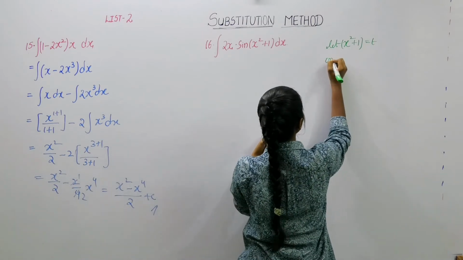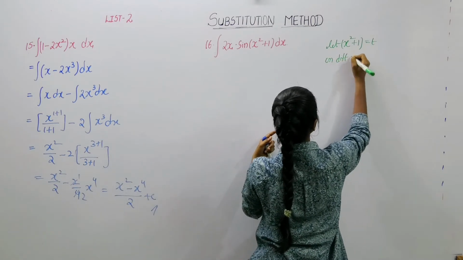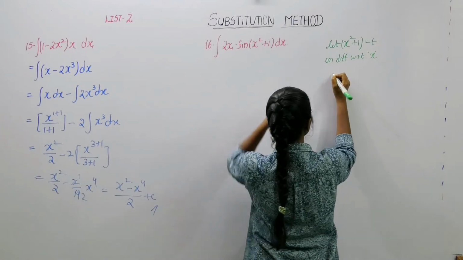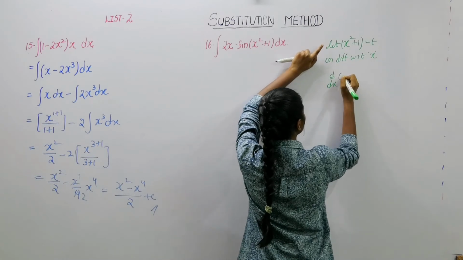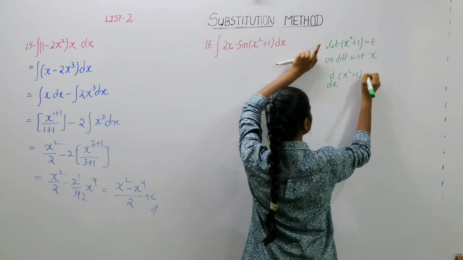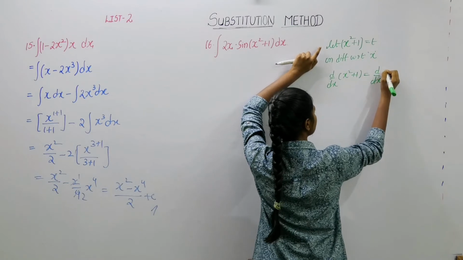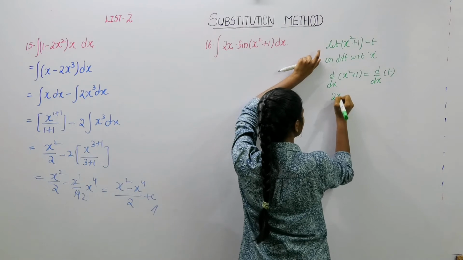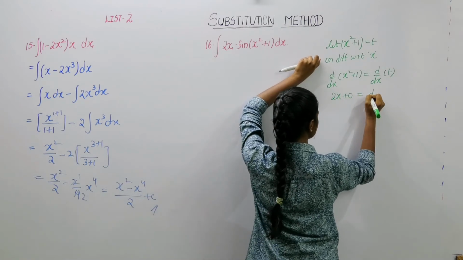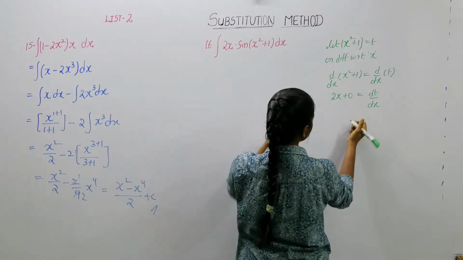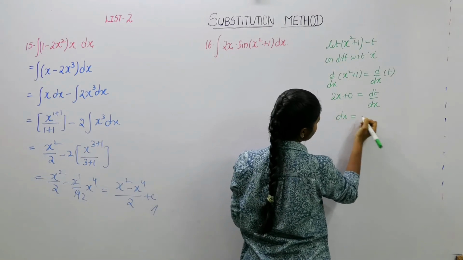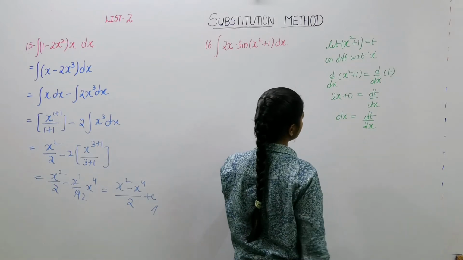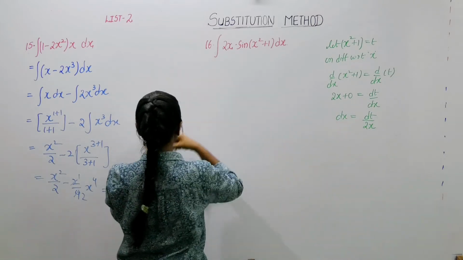Now, on differentiating with respect to x on both sides, d by dx of x square plus 1 is equal to d by dx of t. On differentiating with respect to x, 2x plus 0 is equal to dt by dx. From here, I can write dx is equal to dt by 2x.